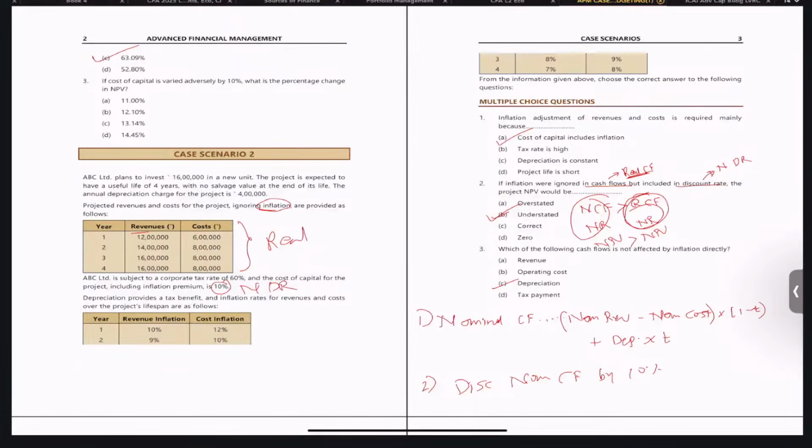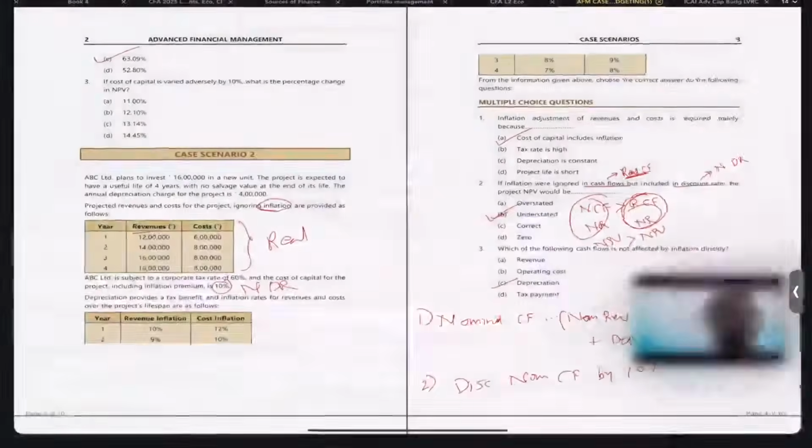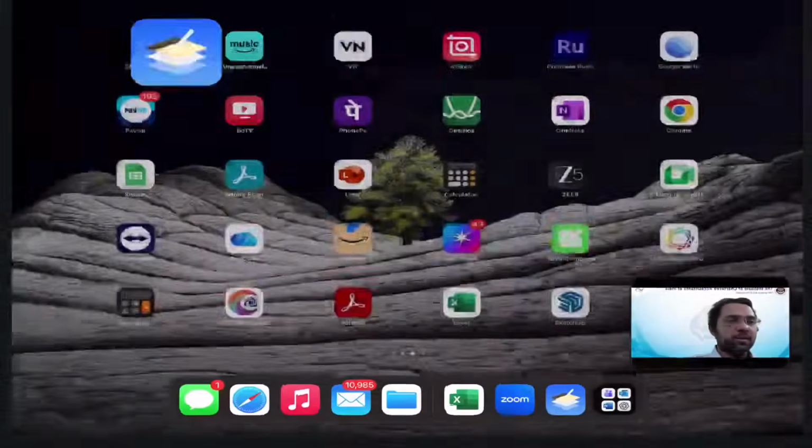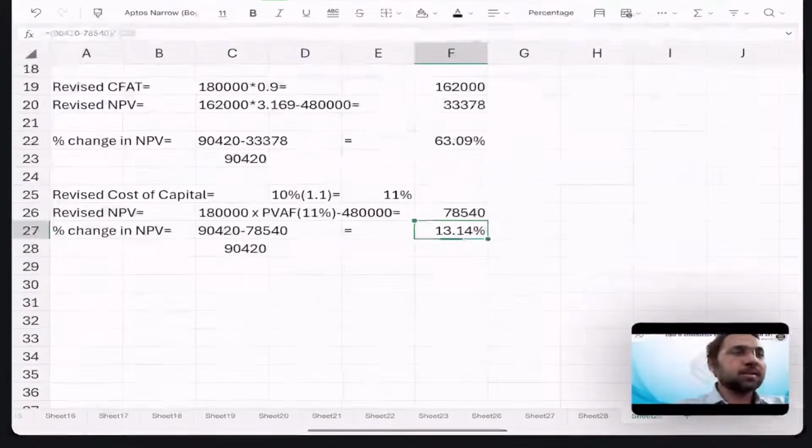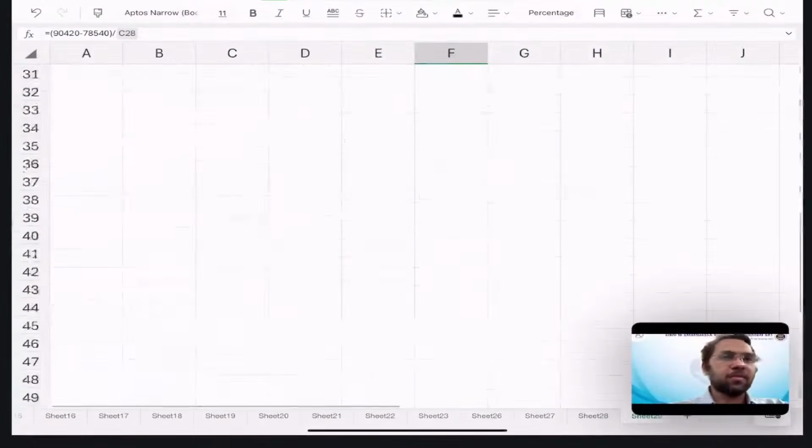Can you hear me, guys? Yes. Okay. So first try to get the nominal revenue and the nominal cost. Subtract it for each of the years, right? Or else I can also provide you a format for this. If you want, I can give you a format that may be helpful for you.